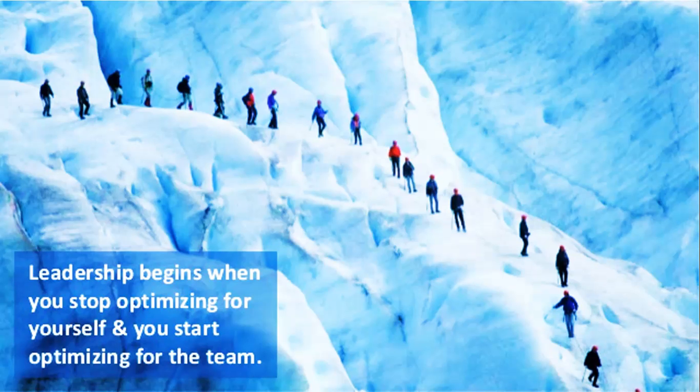So that gives you something so that you don't become selfish. So you optimize for your team. You work in such a way that the best possible solution is obtained with limited resources, and not only you, but your team, your organization as a whole should grow. That is the meaning of you start optimizing for the team.